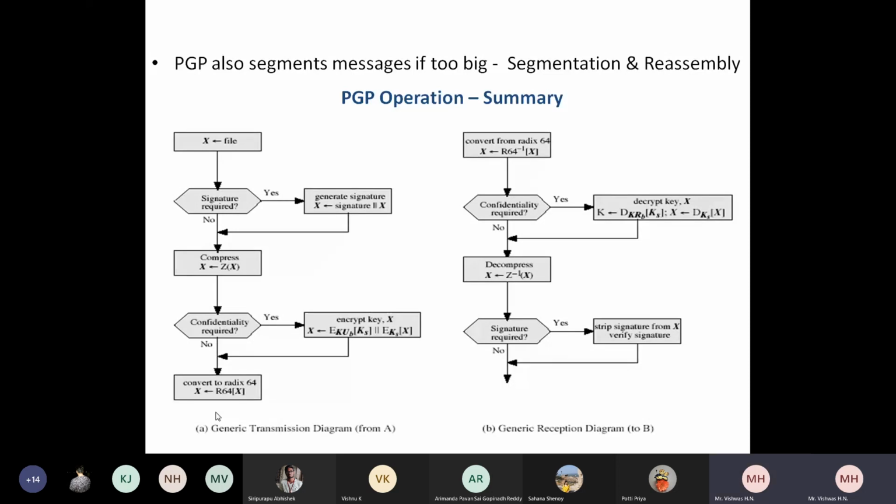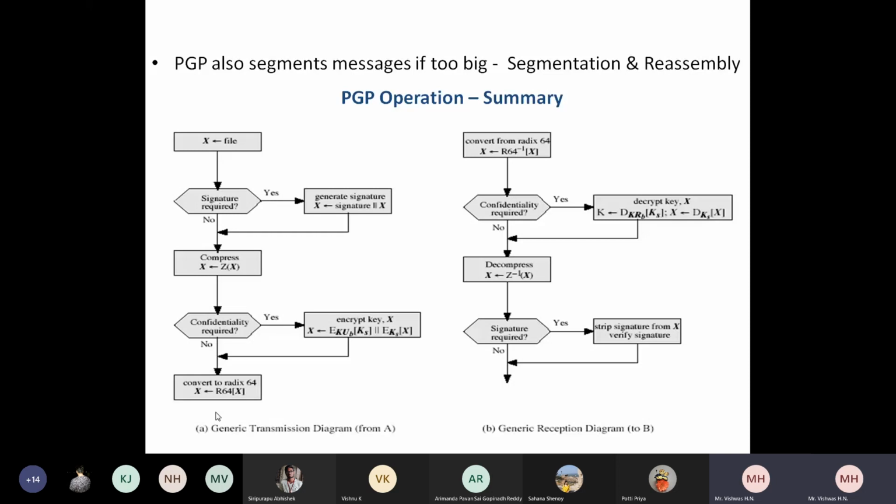You're seeing the diagram, right? Okay. First, what you have to understand here is, you have a file, you check whether a signature is required.